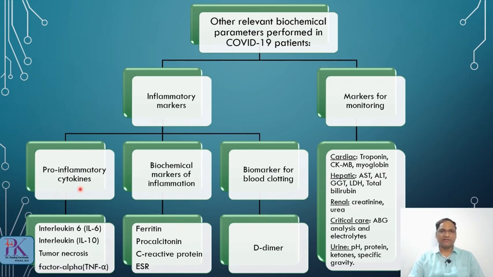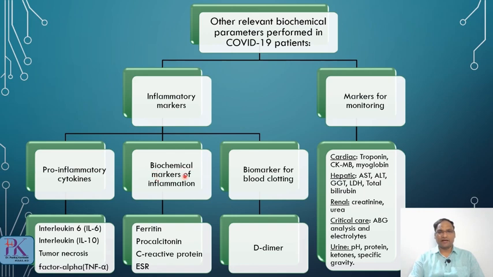These are interleukin 6, interleukin 10 and TNF alpha, that is tumor necrosis factor alpha. IL-6 was a very important test during the COVID-19 pandemic, done by the biochemistry clinical laboratory. So these are the pro-inflammatory cytokines.